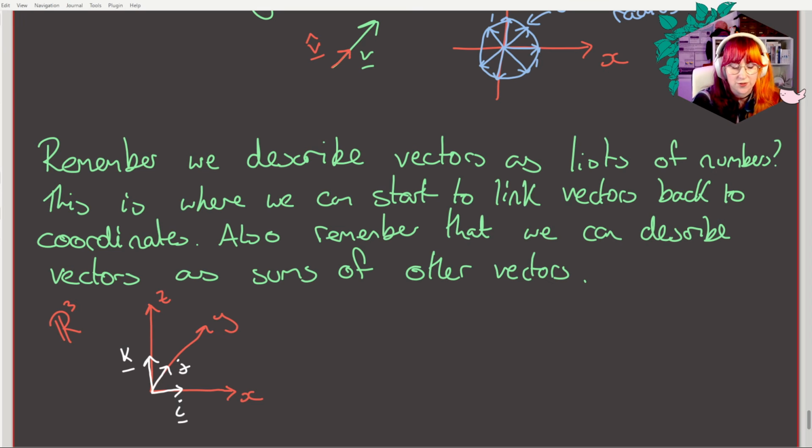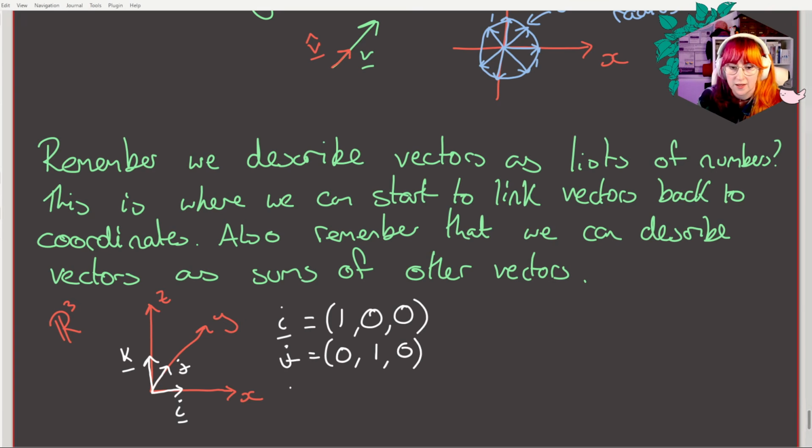Remember they're lists of entries. i is: I go distance 1 in the x direction, 0 in the y direction, and 0 in the z direction. j is the same, but now in the y direction. And k is the same in the z direction.